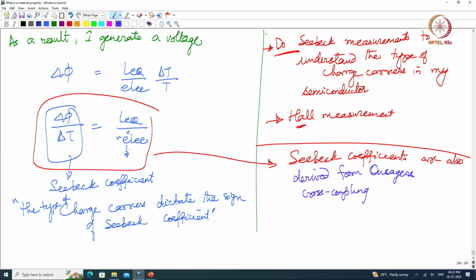So L_EE is the direct coefficient, L_EQ is the cross coupling coefficient. Direct and cross coupled coefficients.